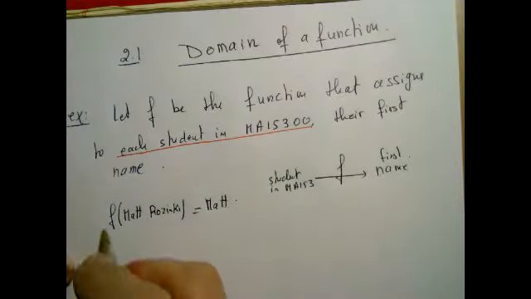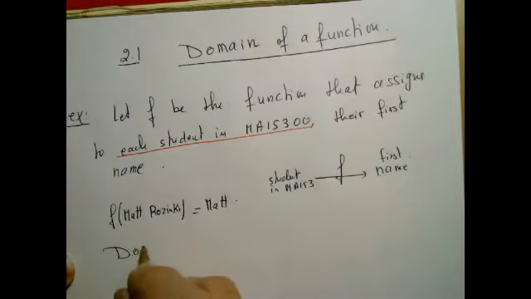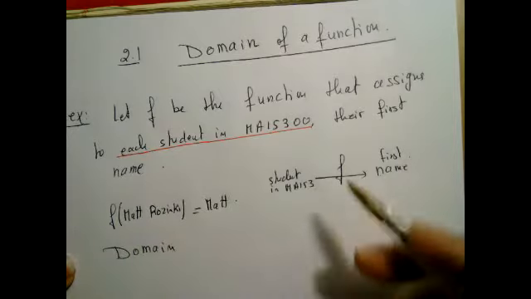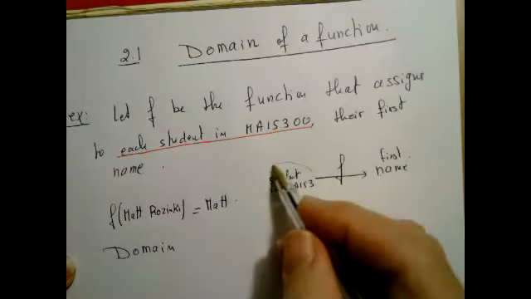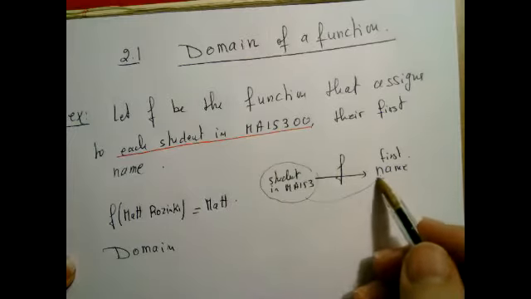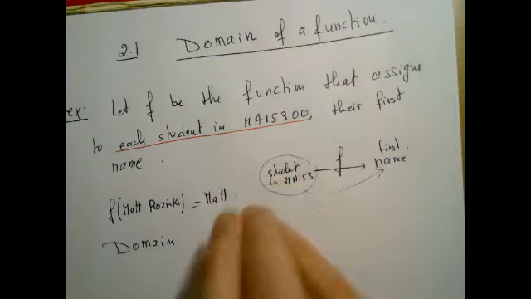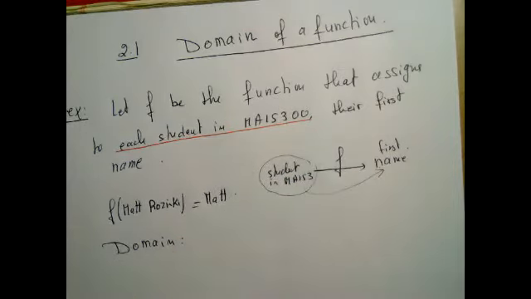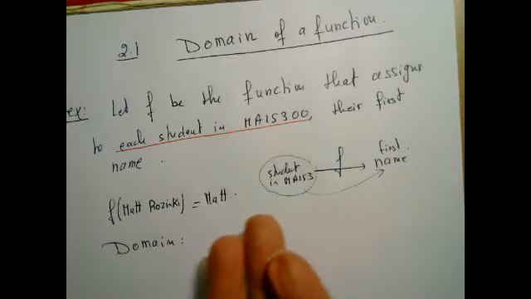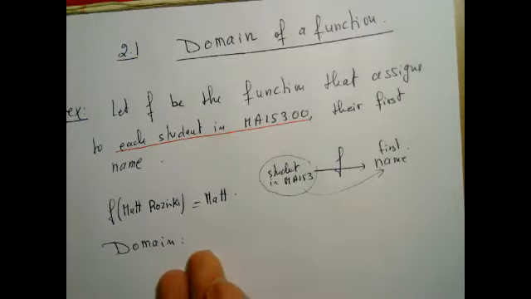Now, the domain in this particular scenario, the domain is basically all the input values, all the things that I assign something to. So the domain is the object that I assign something to. In this particular scenario, what is going to be the domain?